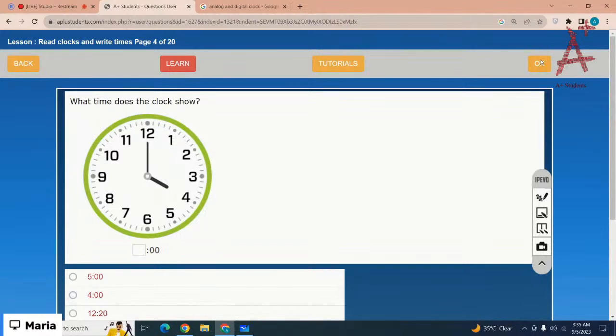What time does the clock show? Which is the correct option? The clock shows 4 hours and 0 minutes. Option number 2 is the correct option.